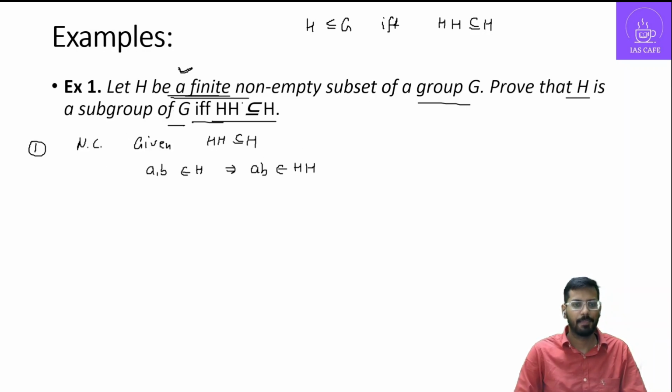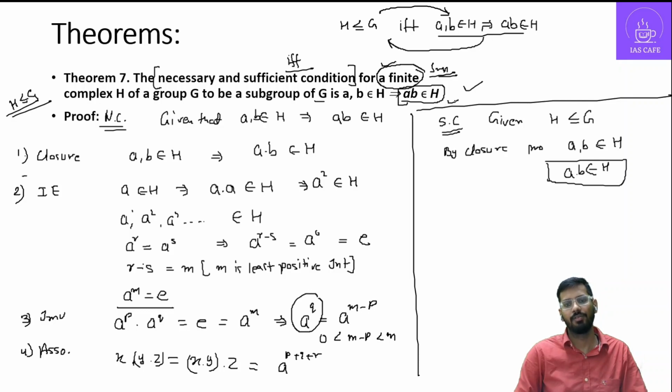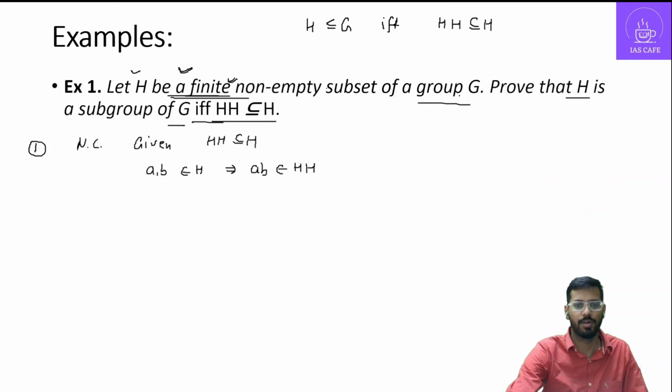For that, there is a finite non-empty subset. So for finite, we have proved in theorem 7 that a finite subset is a subgroup if AB belongs to H. Okay, if the closure property is satisfied in a subset H, then we will call this subset H a subgroup of G. So we will use this theorem.